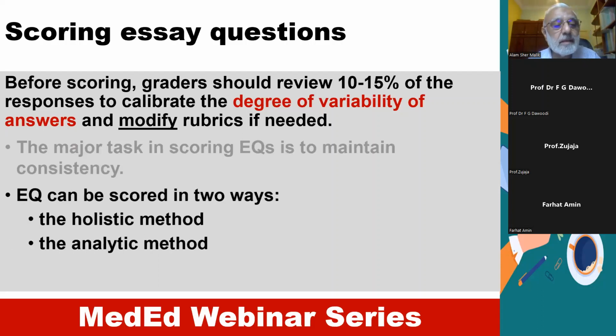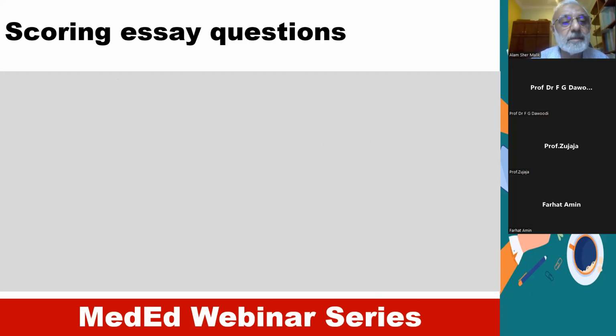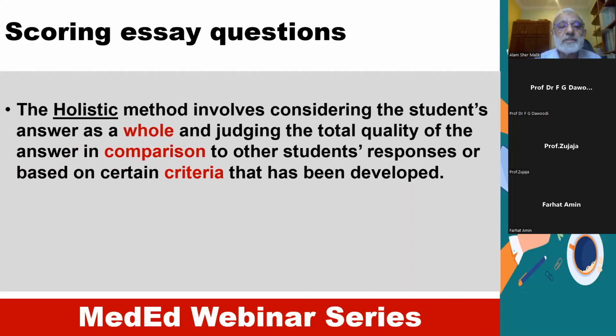The second: essay questions can be scored in two ways. One is the holistic method and the other is the analytic method. The holistic method involves considering the student's answer as a whole and judging the total quality of the answer in comparison to other students' responses, based on certain criteria that have been developed.